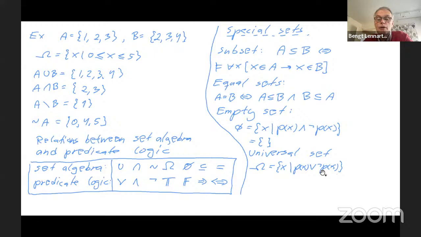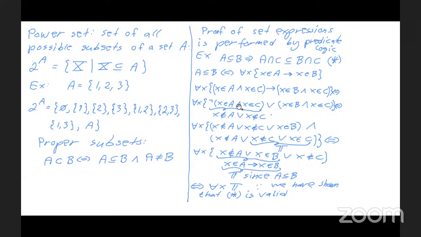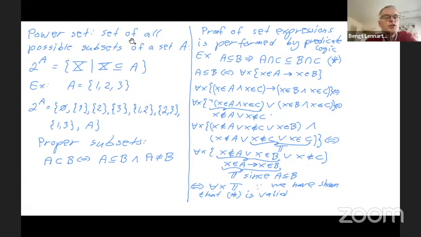And that's also the reason why we say that the universal set corresponds to tautology, the empty set to contradiction. And here you see these relations. Do you see power set now? Yes, yes. Great.